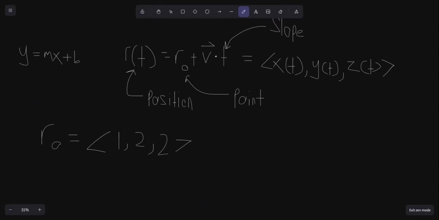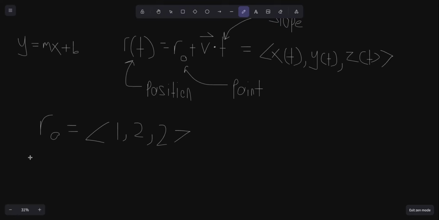And let's say that the direction vector, my vector right over here, is equal to (2, 3, 4). And this vector has to be parallel to our line.